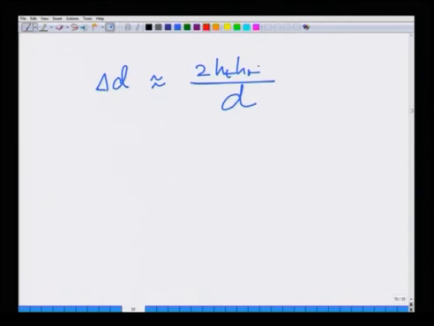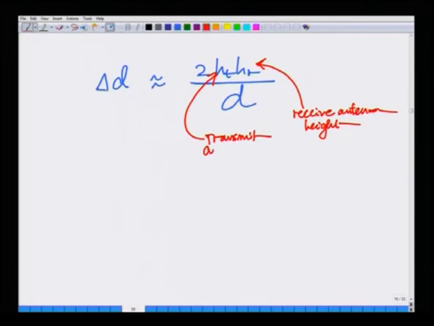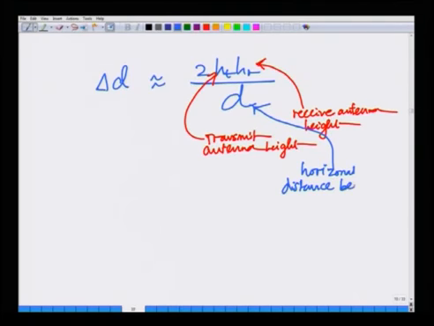Let me again remind you what these quantities are. HR is the receive antenna height, HT is the transmit antenna height, and D is the horizontal distance between the transmitter and the receiver.